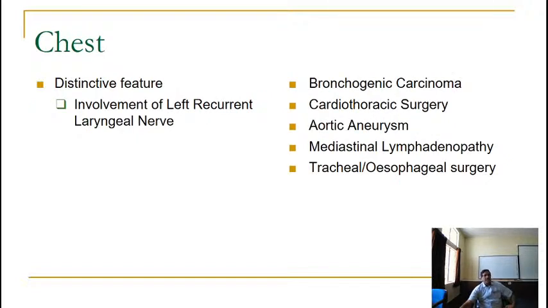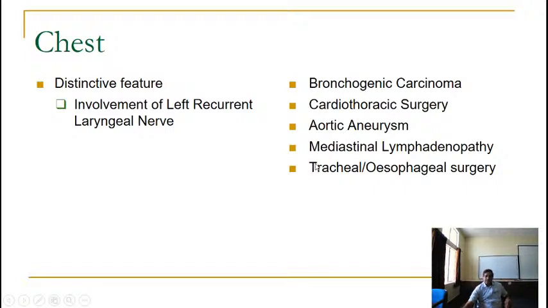Then we go into the chest region, where involvement of the recurrent laryngeal nerve is either bronchogenic carcinoma, the cardiothoracic surgical procedures, the aortic aneurysm, the mediastinal lymphadenopathy, and esophageal surgeries and tracheal surgeries.